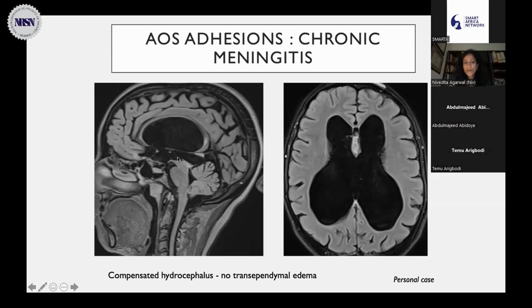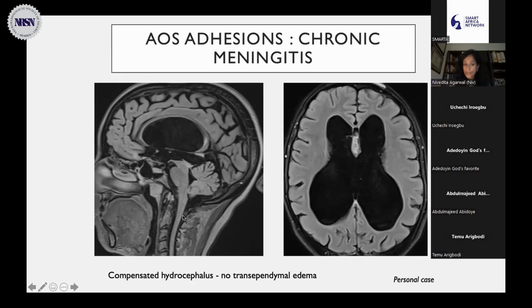And so CSF can no more flow down the ventricles, down to the fourth ventricle and to the spine. And so the ventricles are enlarged, the brain parenchyma is squished. So this is a case of, yes, ventriculomegaly, yes, obstructive hydrocephalus, but also intracranial hypertension, which will have its consequences.